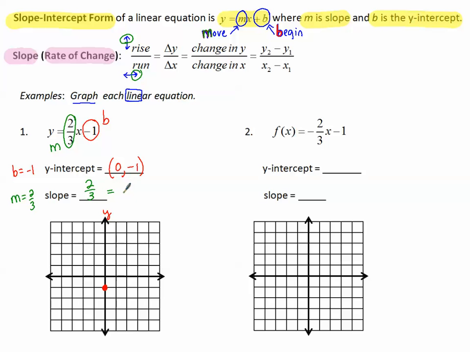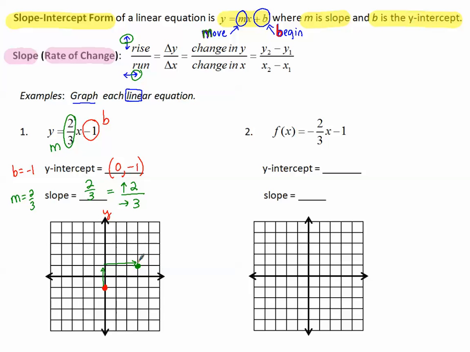So I'm going up 2 and to the right 3. I'm changing in the y direction 2 and then in the x direction 3. So from this point, I'm going up 2, 1, 2, and then 1, 2, 3. And that's where I land.